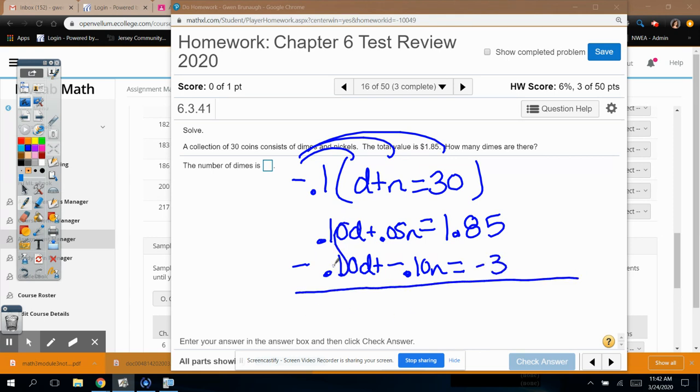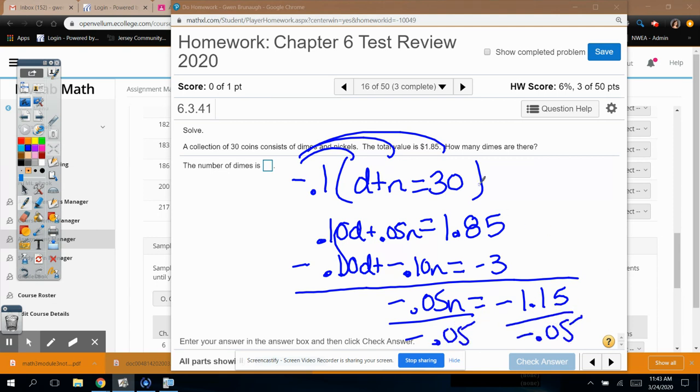Add them up, and these will be gone. So 0.05 plus -0.1 is -0.05 nickels. $1.85 minus 3, that's -$1.15. Divide by -0.05. And you should have 2 negatives because you need to have positive nickels at the end of the day.